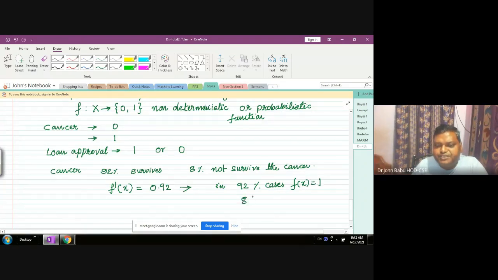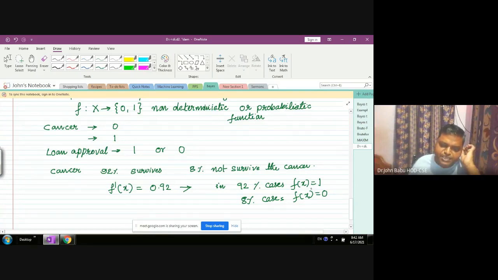In 8% of cases, f of x is equal to 0 because they will not survive. This is the problem setting.